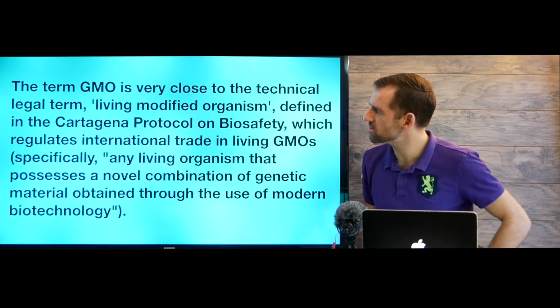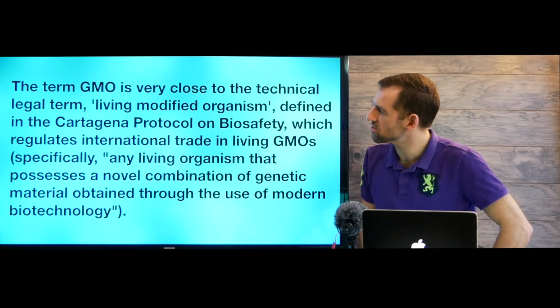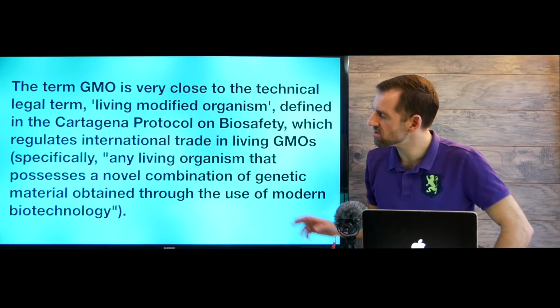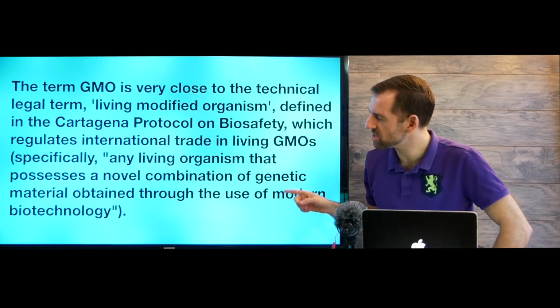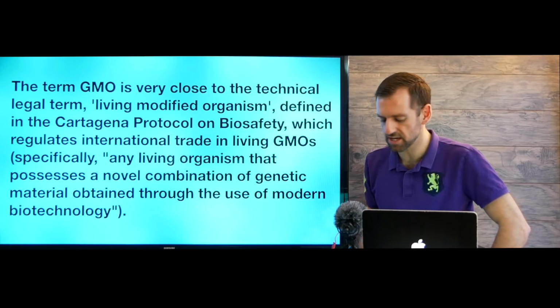Okay, the term GMO is very close to the technical legal term living modified organism, defined in the Cartagena Protocol on Biosafety, which regulates international trade in living GMOs, specifically any living organism that possesses a novel combination of genetic material obtained through the use of modern biotechnology.